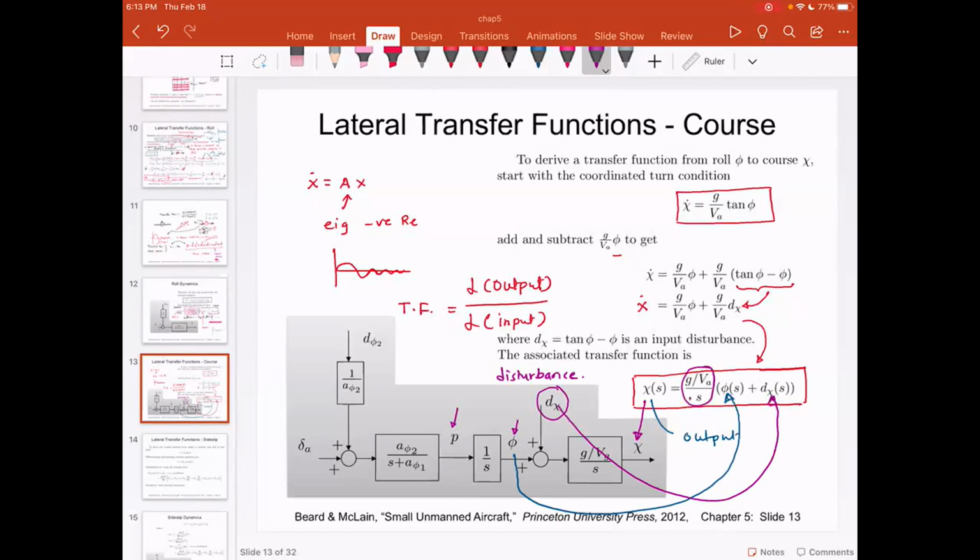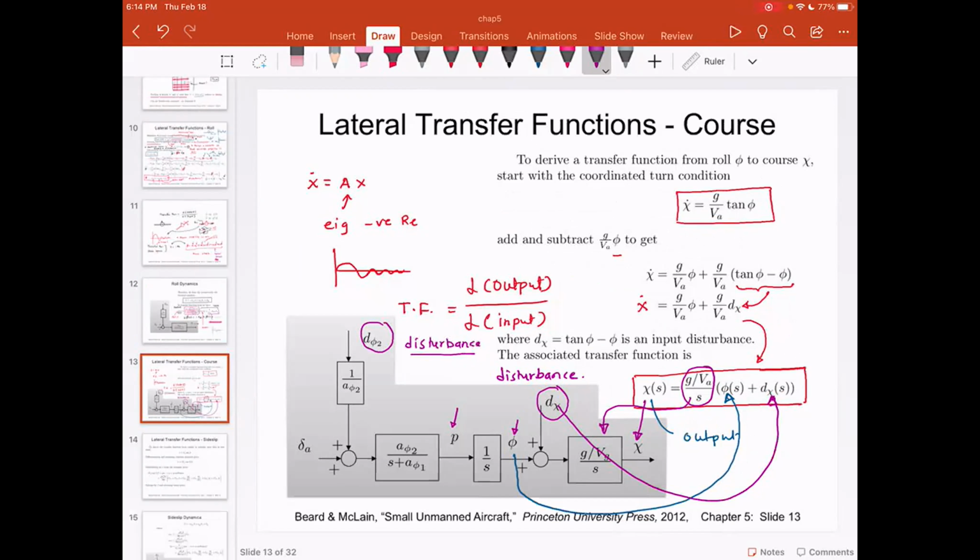And now this a phi2 divided by s plus a phi1 is the roll dynamics that we studied over here. So now the output of this block is getting fed into the next part of the lateral dynamics. And this is a very simple linear approximation. Now, a step back, this d phi2 is also treated as a disturbance.